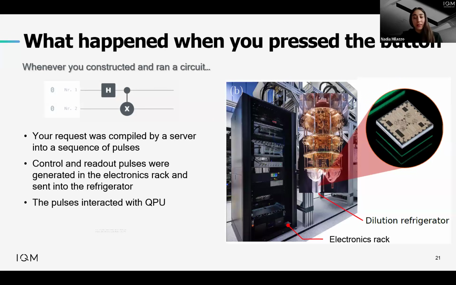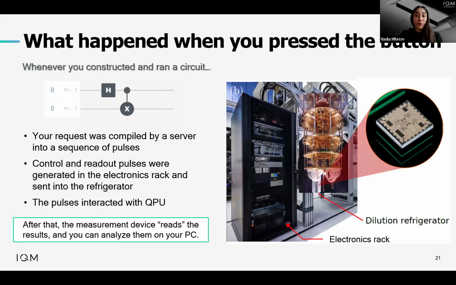And then, of course, you need to read the results of your calculation, and then you can process them on your PC again. We will see more about this compilation, but also about this readout, as I had already anticipated.